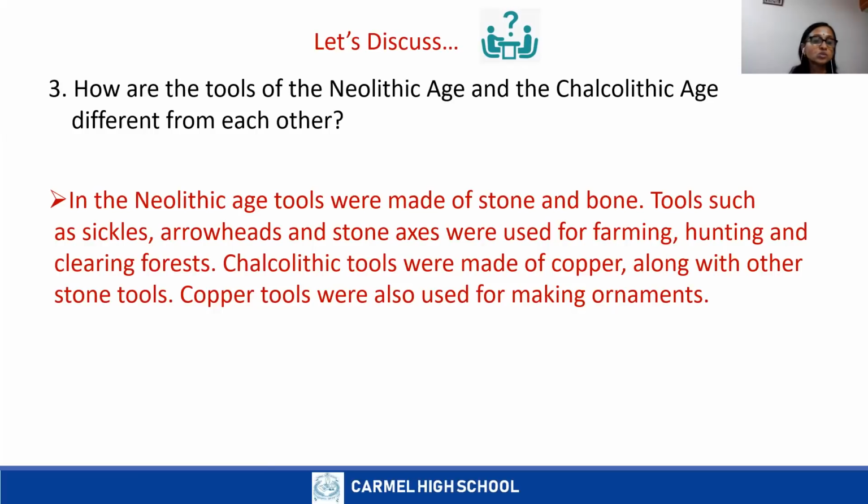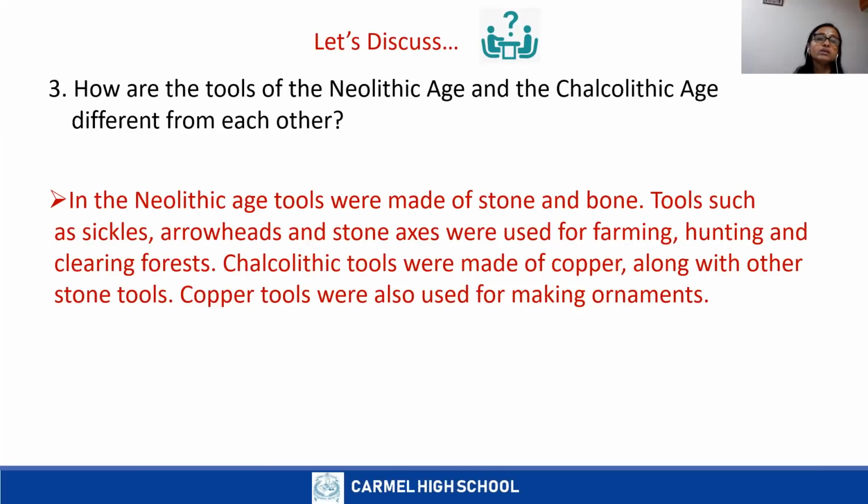So here is the story about Maya and how they started using copper. It's explained here. You can write the different kinds of tools used, or the changes, during the Neolithic and Chalcolithic Age in the notebook.